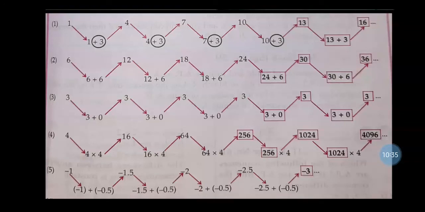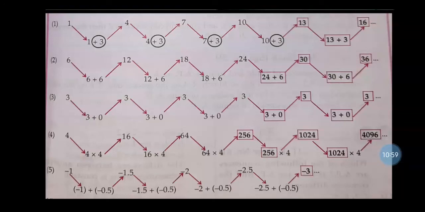Next one, 4, 16, 64. Now 4 fours are 16, 16 fours are 64, 64 fours are 256, 256 into 4, 1024, 1024 into 4, 4096. Now here each number is multiplied by 4.